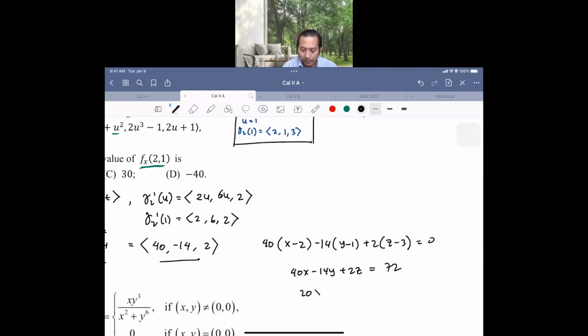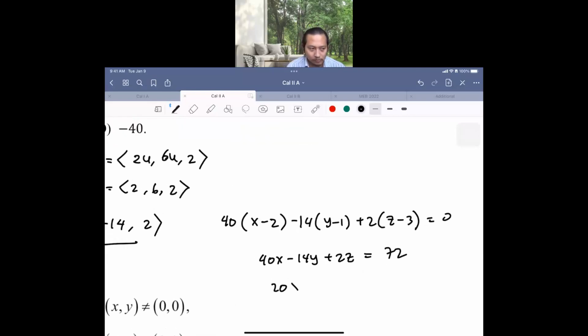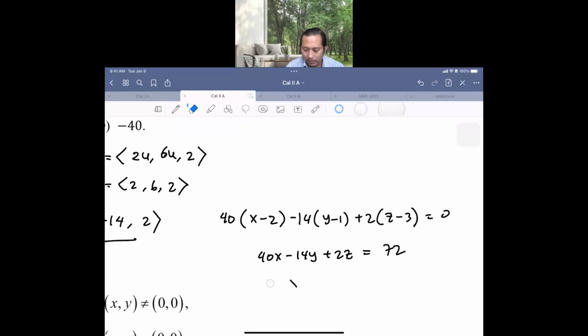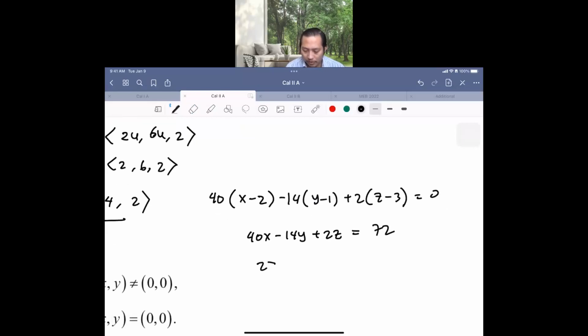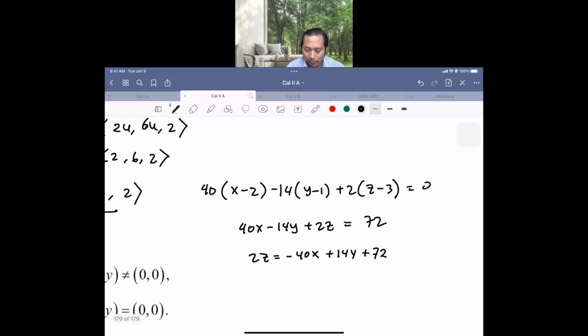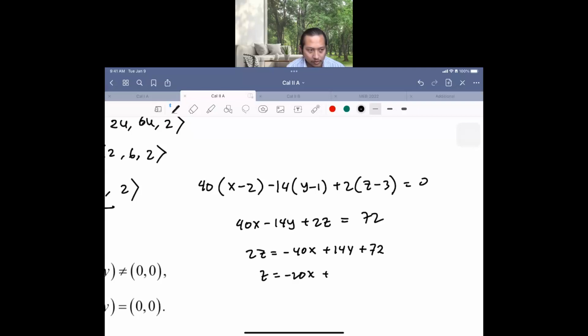We can solve the equation: 2z is negative 40x plus 14y plus 72. So z is negative 20x plus 7y plus 36.